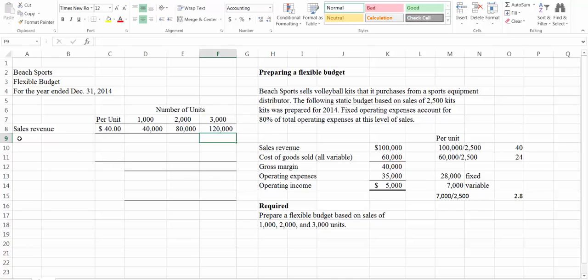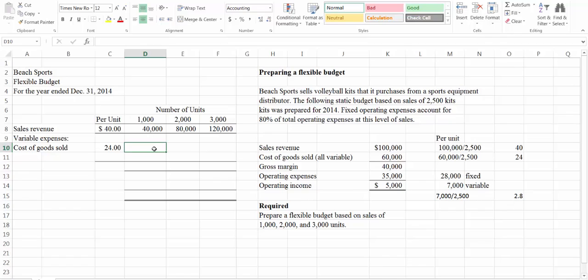All right, next let's take a look at our variable expenses. And we have two kinds of variable expenses here. The first one is cost of goods sold. And we know that our cost of goods sold is $24 a unit because we just calculated that.